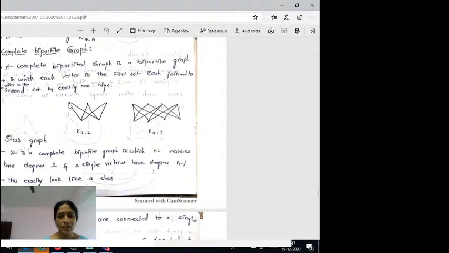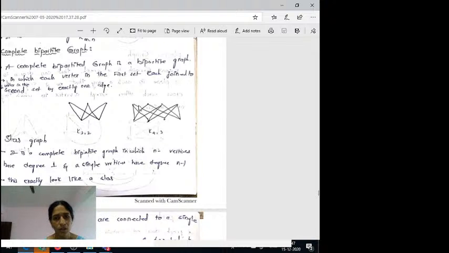That means from this vertex to this vertex an edge is formed. From here to here an edge is formed, from here to here and here to here. Next from here to here an edge is formed. Suppose you take here, this is 4 comma 4. Here 4, but he has used only 3.